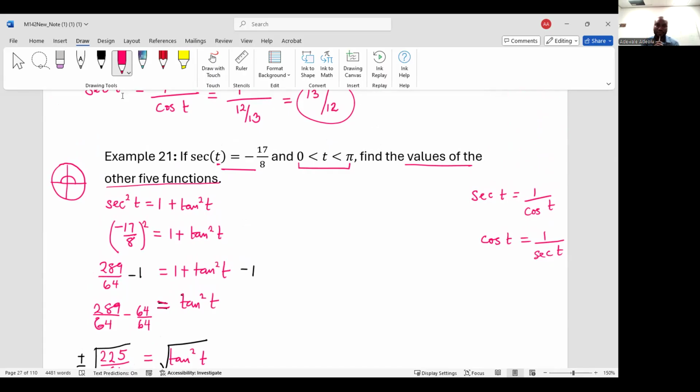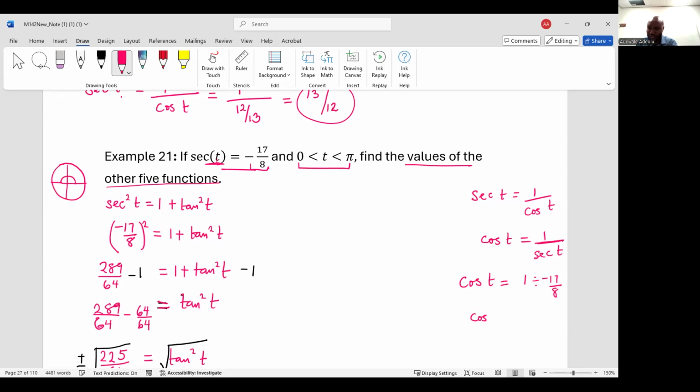We can know that, this is tricky, we were given secant, and we say it is negative, right? So if that is the case, we do know that cosine of t is 1 over secant of t. So cosine of t is 1 divided by negative 17 over 8.